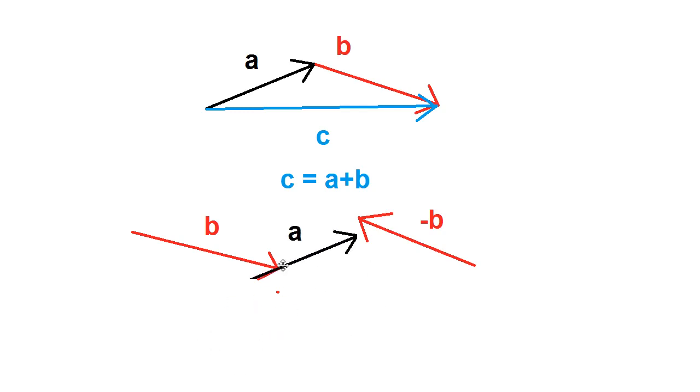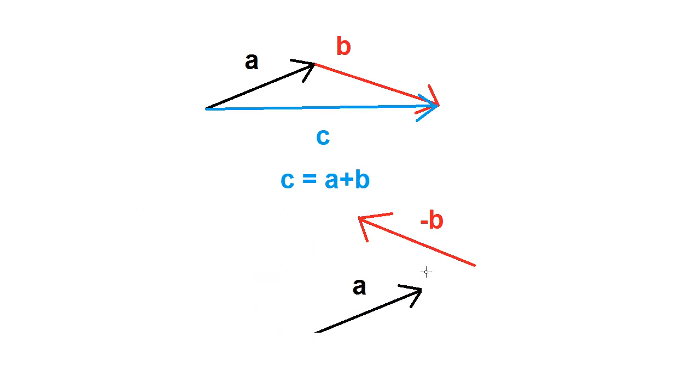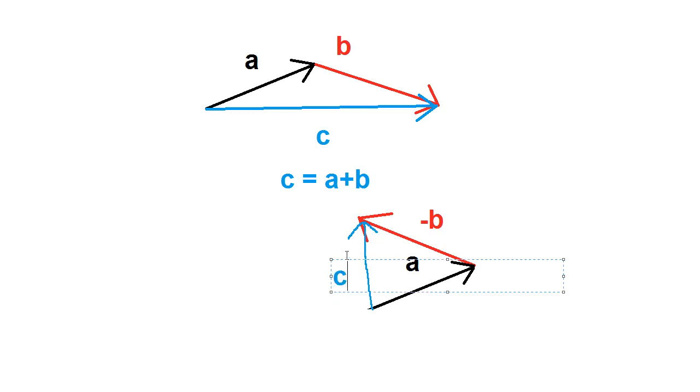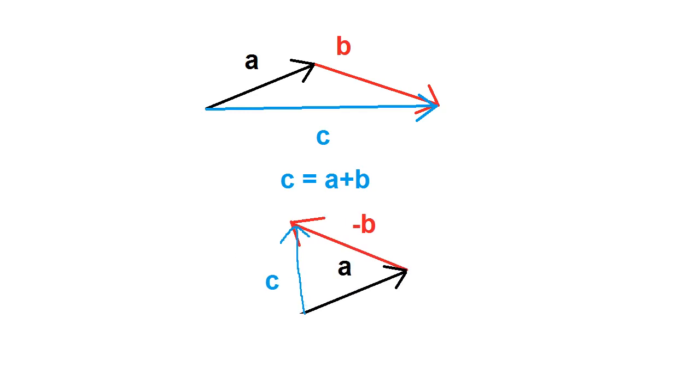Could take vector a here, and if I line this up from tip to tail, I can take vector a plus minus vector b, which is equal to a new vector c. So for this bottom case here, this is the same as me doing c is equal to a plus minus b, or a minus b.